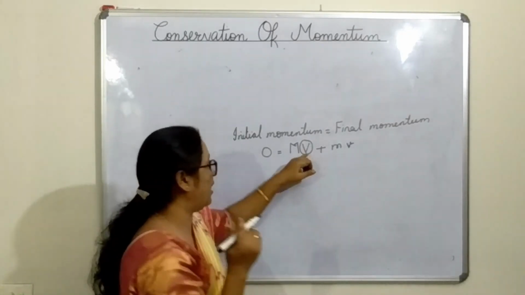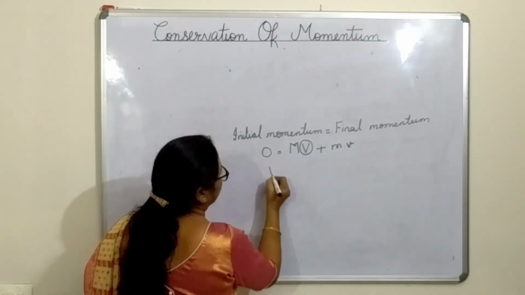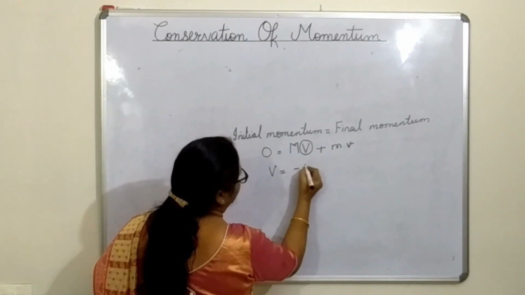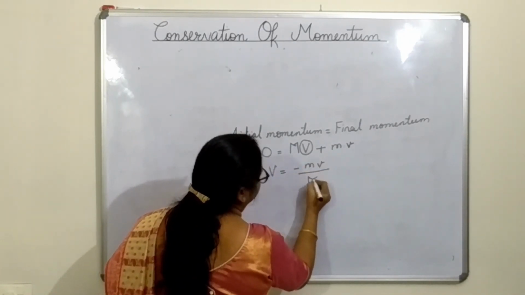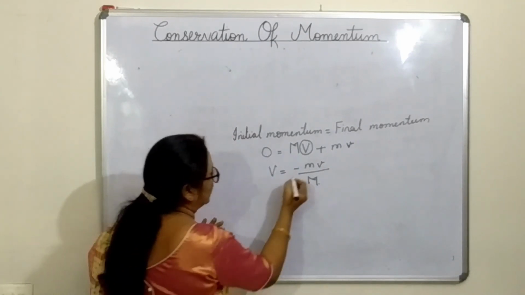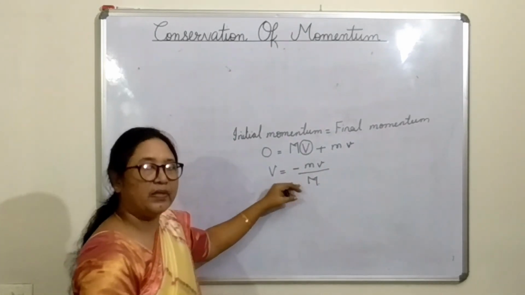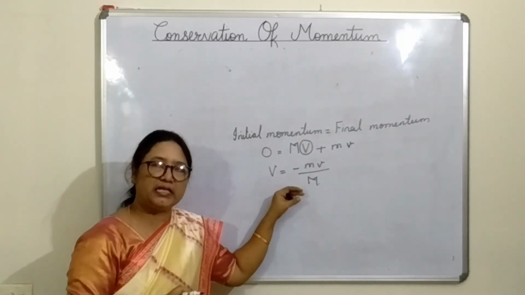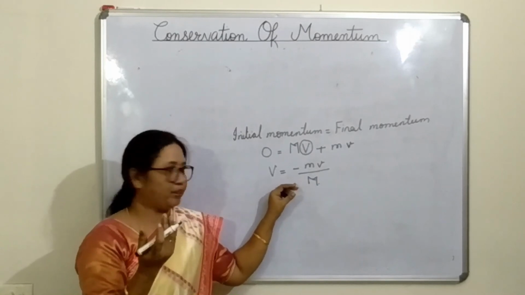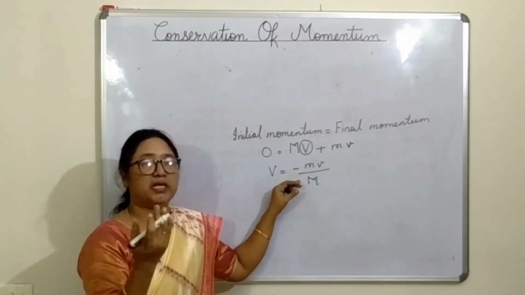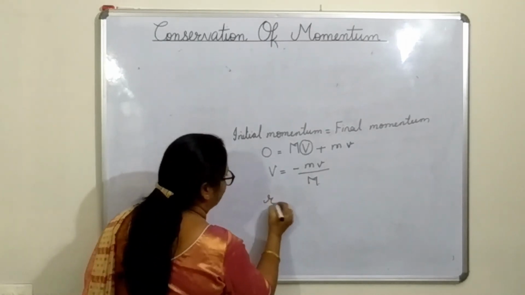So that velocity we need to calculate. So here we can write capital V is equal to minus mv divided by M. Is it? So here we are getting the value in negative. The negative sign here indicates that the gun is moving with a velocity which is in opposite direction of the bullet. This is called recoil.